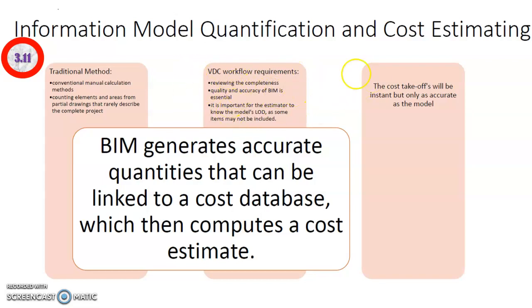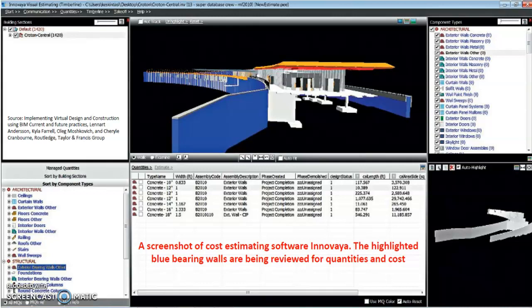It is important for the estimator to know the model's level of development, which I'll be talking about later, as some of the items may not be included with a model that has a lower level of development compared to a model that has a much higher level of development. This shows you a screen capture of a cost estimating software called Innovaya, and the highlighted blue load-bearing walls are being reviewed for the quantities and the costs.